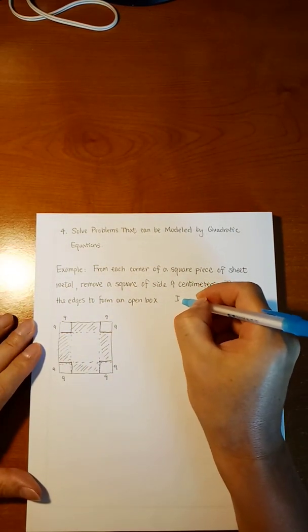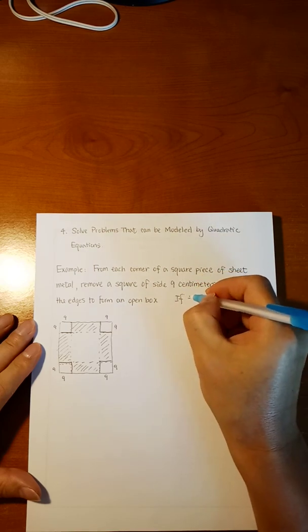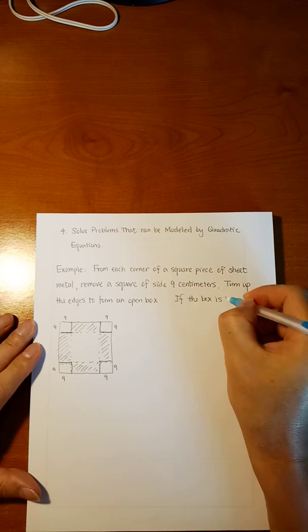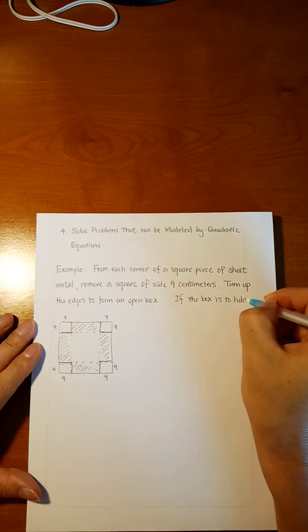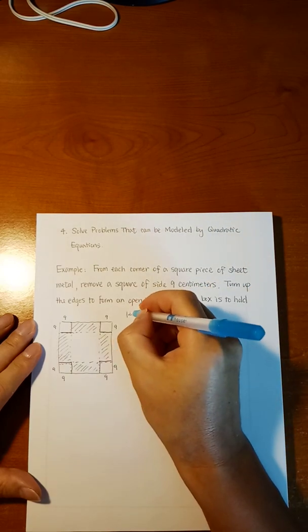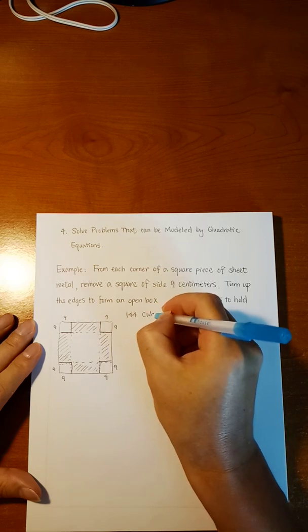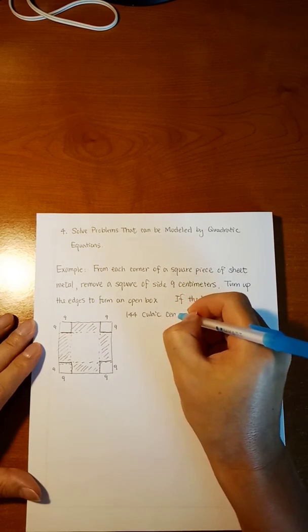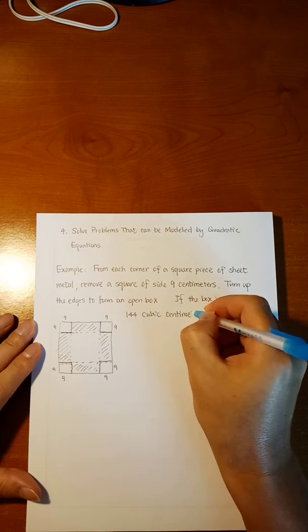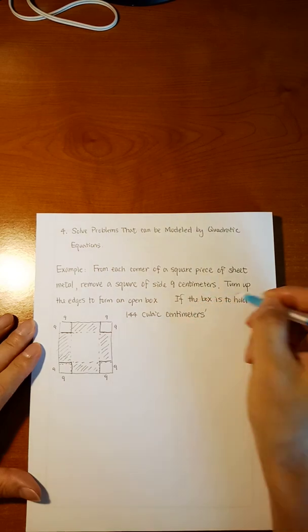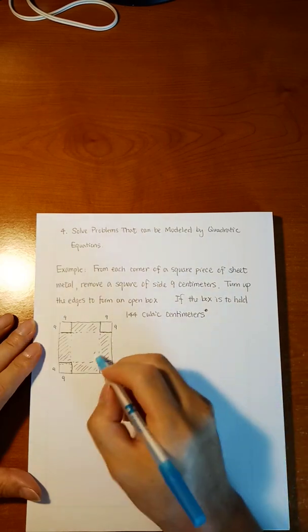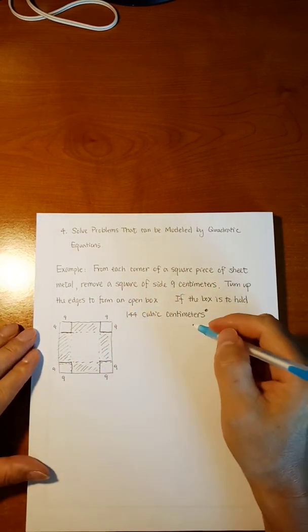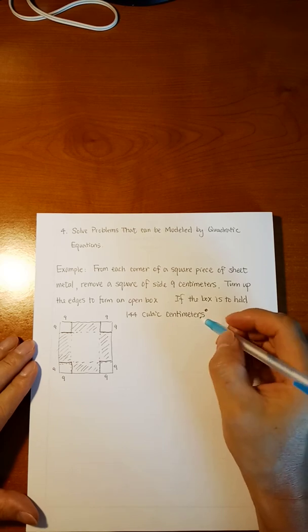Okay, if the box is to hold 144 cubic centimeters, so basically just say the volume of this open box is 144 cubic centimeters.